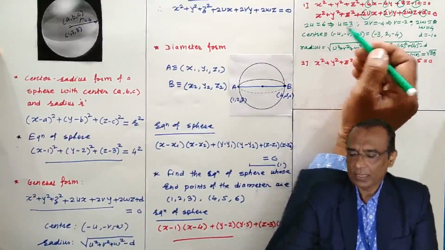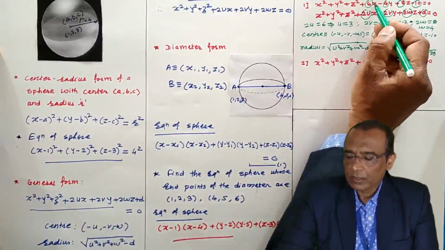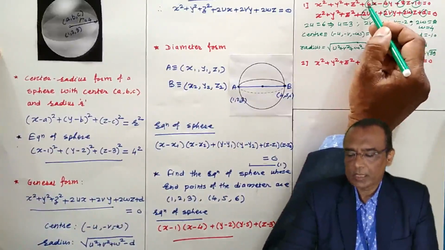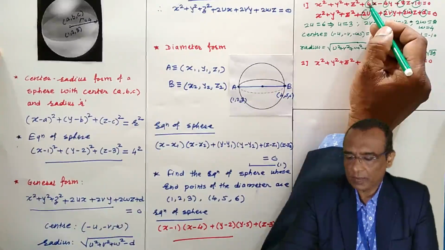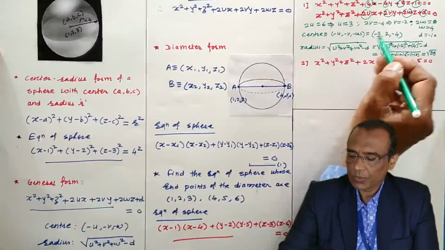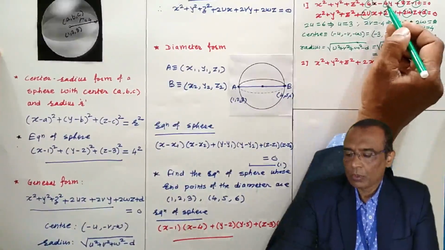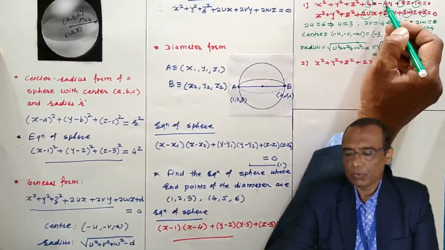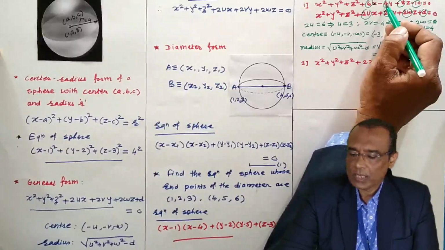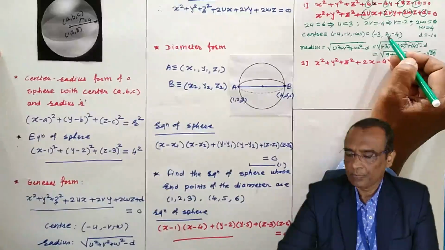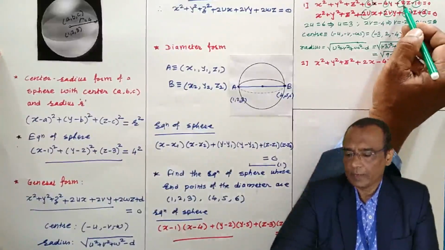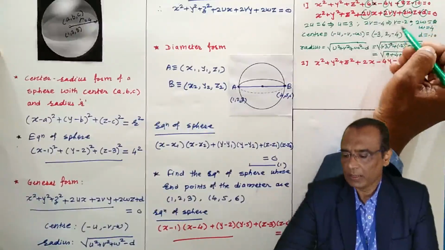And you can find the center directly also. How do you find the center directly? See, the coefficient of x is 6, half of 6 is 3, and change the sign of 3, so it is minus 3 here. The coefficient of y is minus 4, half of minus 4 is minus 2, and then change the sign, it will be plus 2. The coefficient of z is 8, half of it is 4, and change the sign.